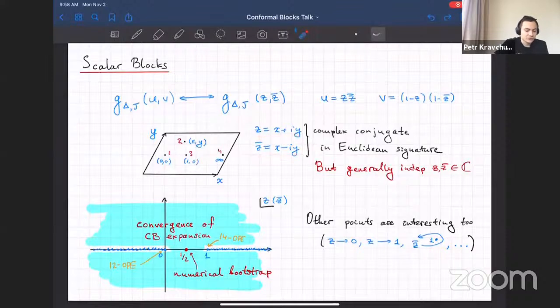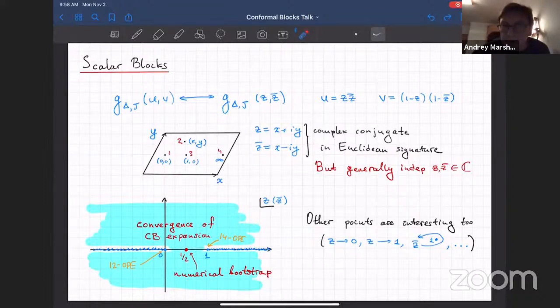Since in Euclidean signature x and y are real, z and z bar become complex conjugates. But in general, for example if you recreate Lorentzian signature, z and z bar are two independent complex coordinates.